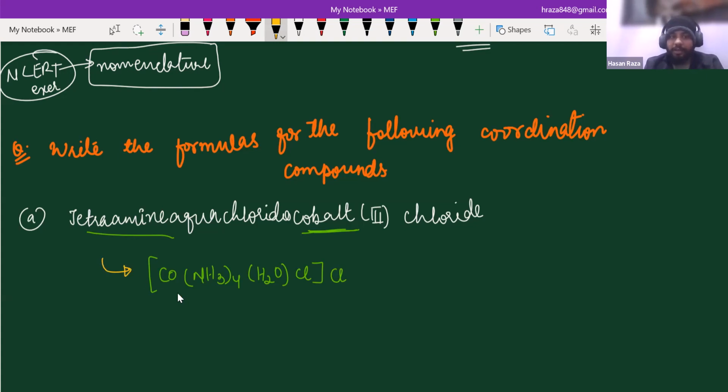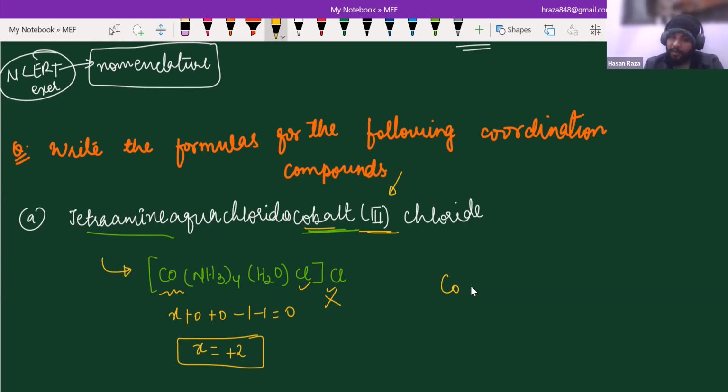Now, after writing this, you are going to check the oxidation state of the central metal atom. So this is X, this is 0, this is 0, this is -1, this is also -1, equal to 0. According to this formula, the oxidation state is +2, but you have +3 oxidation state. As you can see, there is 3 in parenthesis that represents the oxidation state of your cobalt is 3. That means it is wrong. So after writing this, write it first like this, and then check it.